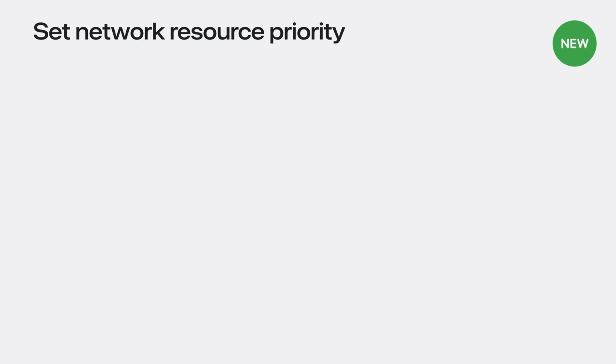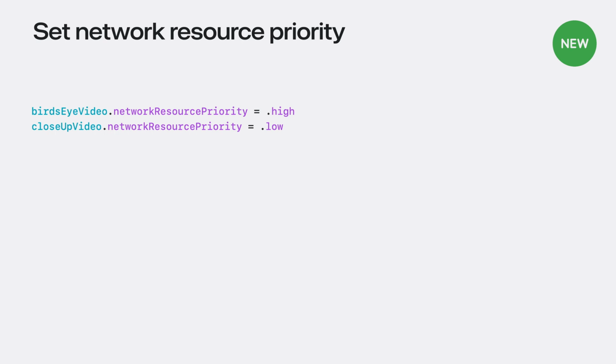I'll walk through an example of how you might achieve this with a network resource priority. First, create an AV player, and then set the player's network resource priority. In the sports game example, the field bird's eye view is most important, so I set that priority to high. The crowd close-up view is less important, so I set it to low.